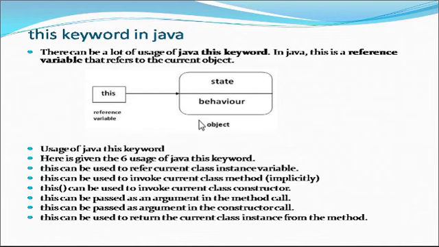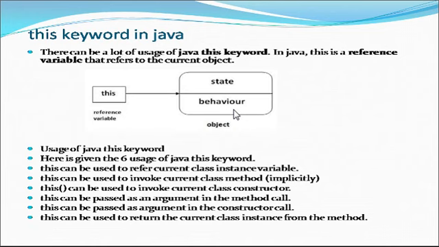Firstly, let us see this simple scenario: this is a reference variable and it indicates the object, which object, the current class object. That object has some properties; there are three types of property of an object in Java.